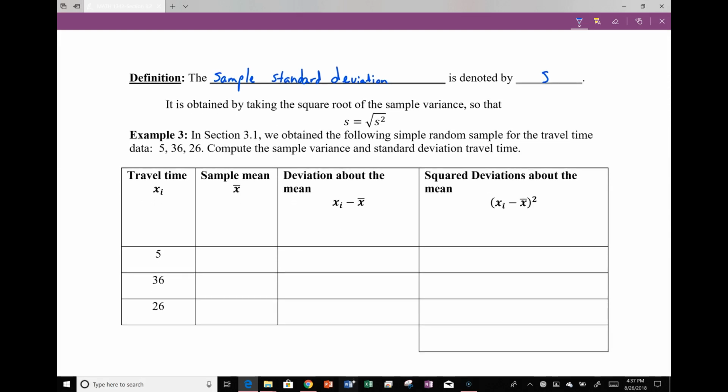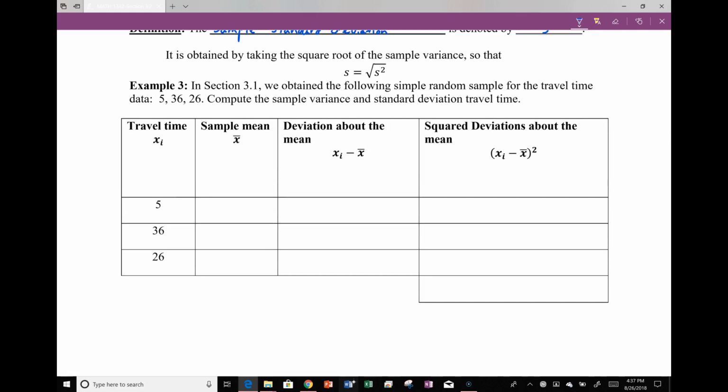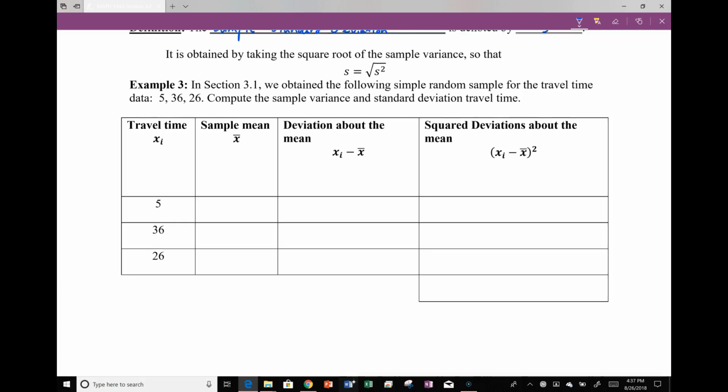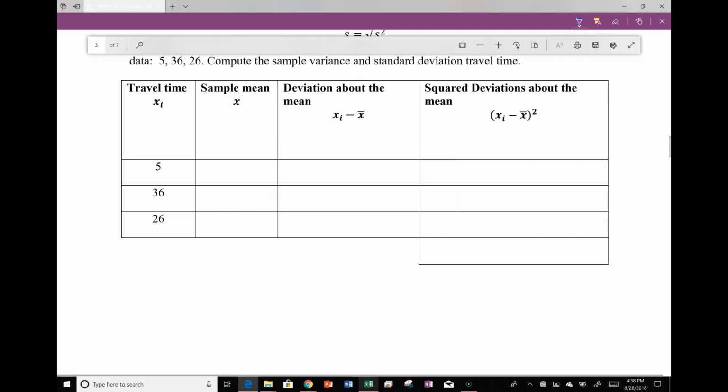So back in section 3.1 we obtained the following random sample for the travel time data: 5, 36, 26. We want to compute the sample variance and the sample standard deviation of travel time. If you go back to previous notes where we took this random sample, we had these three numbers as part of our sample.